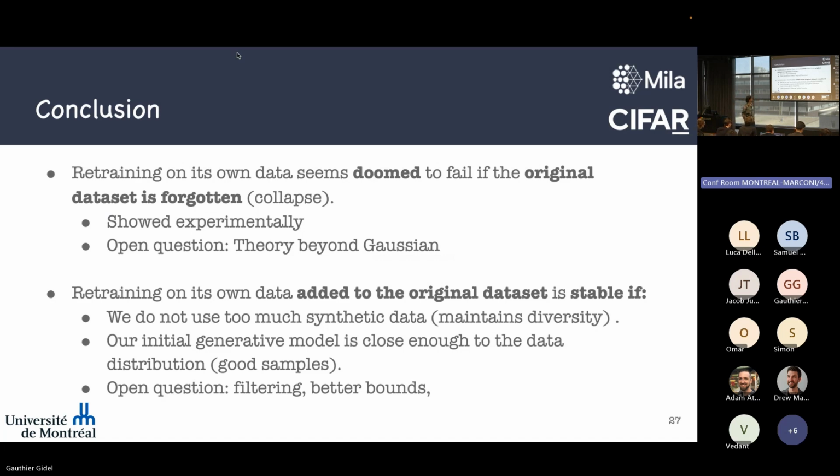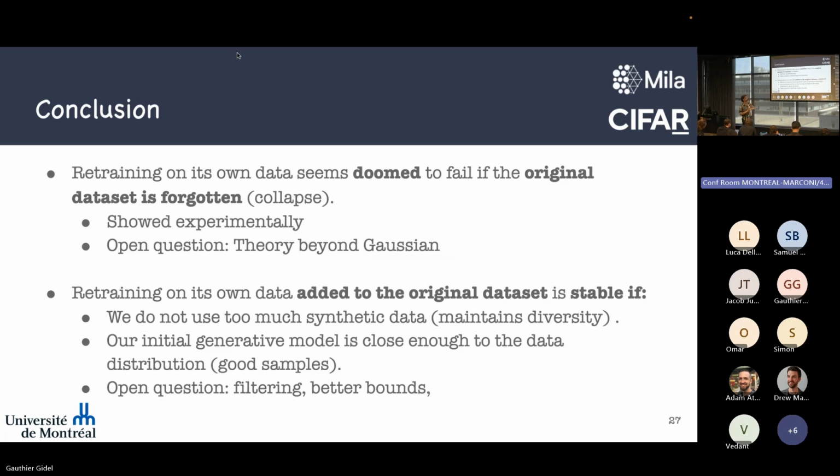So the conclusion was that while previous work seemed to argue that retraining on your own data was doomed to fail if the original dataset is forgotten, which they called collapse, and showed experimentally, we have some theory about this, and it seems to be true if you don't re-inject real data.